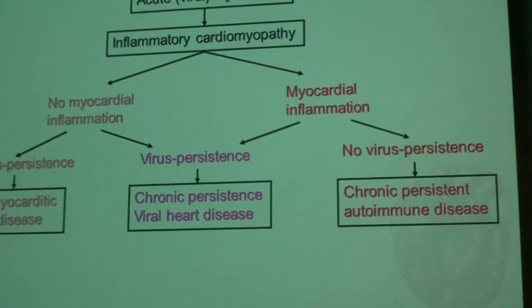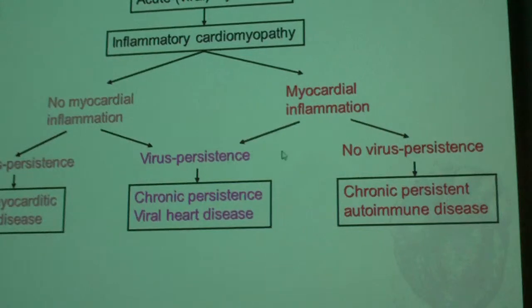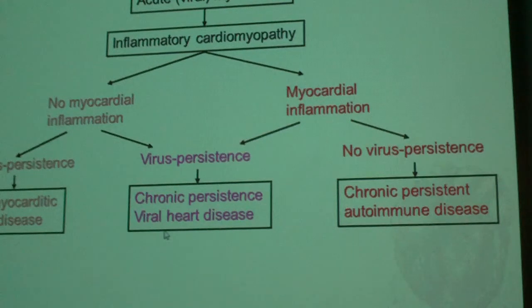So then we have patients who have an acute viral or a chronic infection. They develop inflammatory heart disease, and we take biopsies, and then we can say there's inflammation or there's no inflammation. Then we can specify even further whether there's viral persistence or no viral persistence, and then we can quantify them.